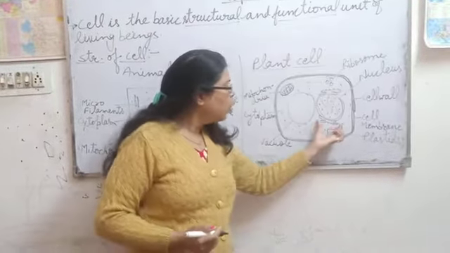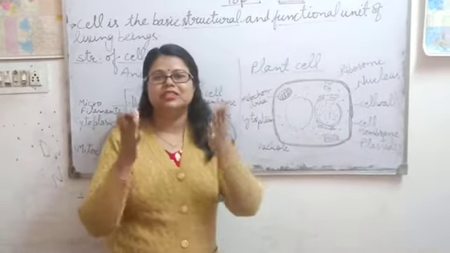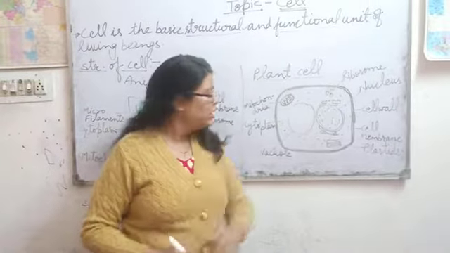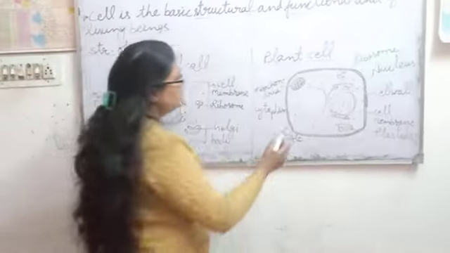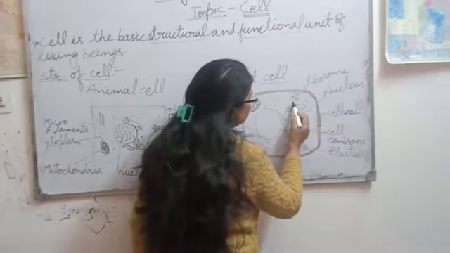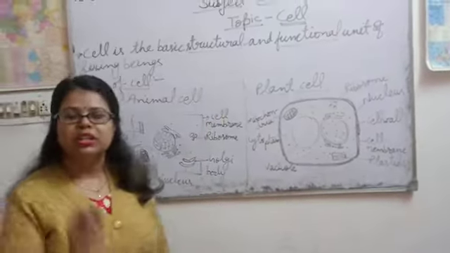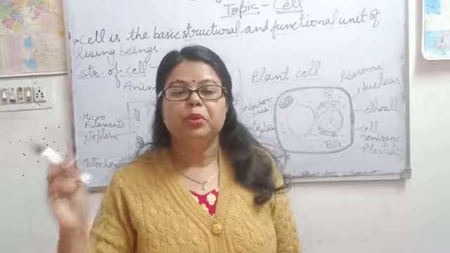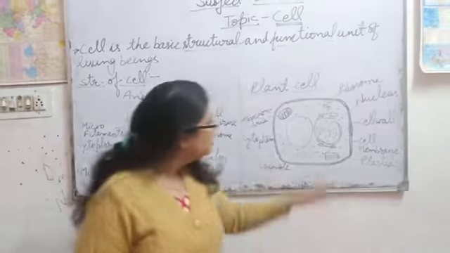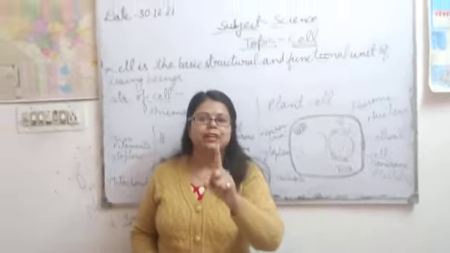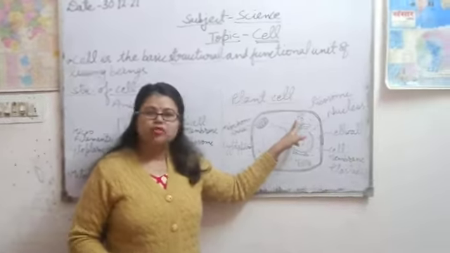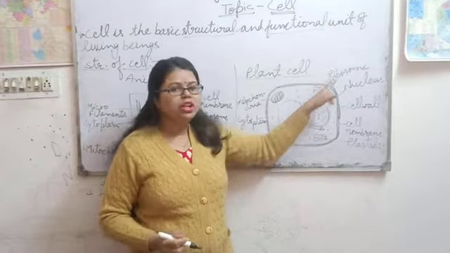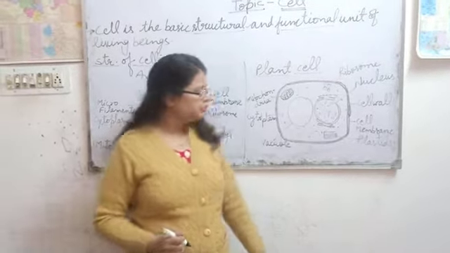Why? Because all the functions performed by the cell are controlled by the nucleus. Now, these tiny rounded structures are called ribosomes. Ribosome is a cell organelle called the protein factory because ribosomes directly help in the synthesis of proteins. So we can say ribosomes are the protein factory.